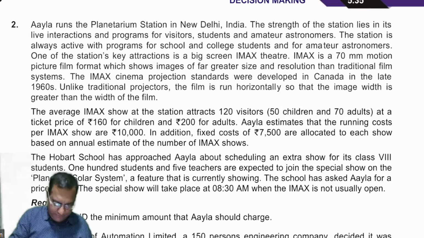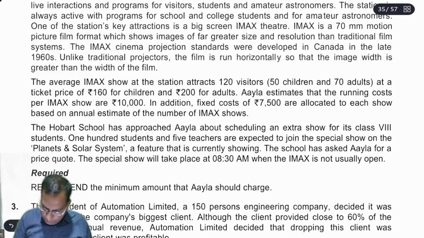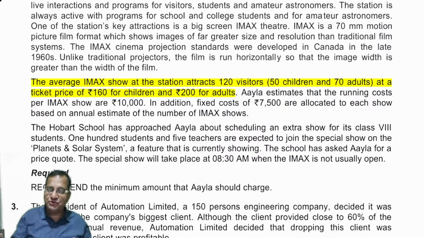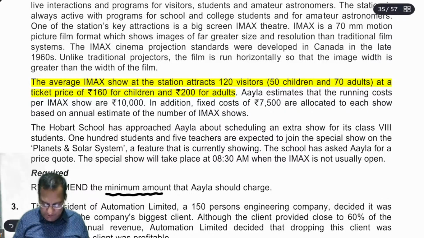Okay beta, let's start. Look, this complete line is not at all relevant because this is the normal price of the tickets we charge to our normal customers. In this special question, we have to decide the minimum amount that will be charged.